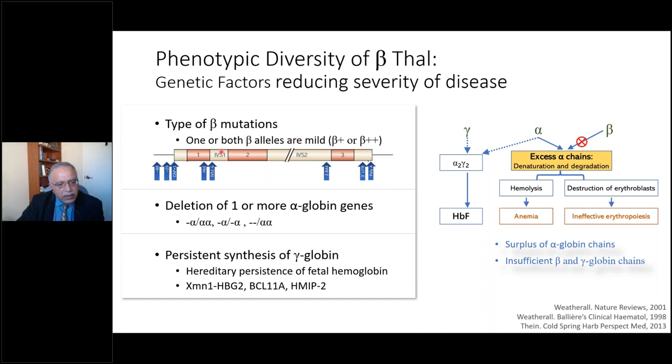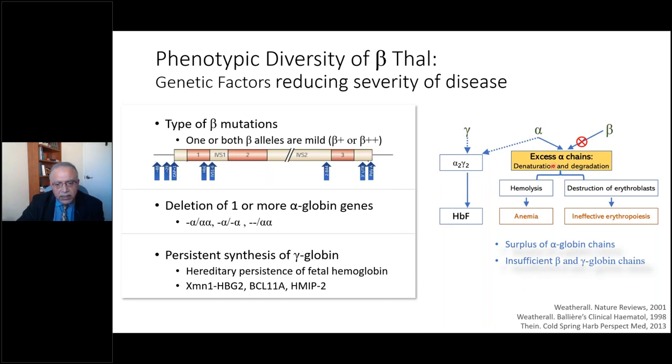In this picture representing the beta globin gene, there are specific areas along the gene where the mutations cause only a mild reduction in beta globin synthesis. These include some well-known mutations such as the E mutation, the IVS1-6 mutation, and the mutations in the 3' end. These can often be associated with milder beta thalassemia syndromes.